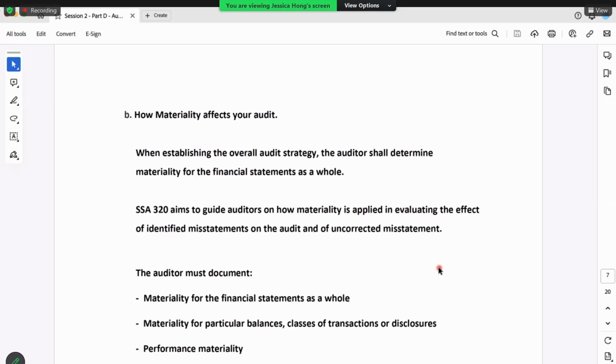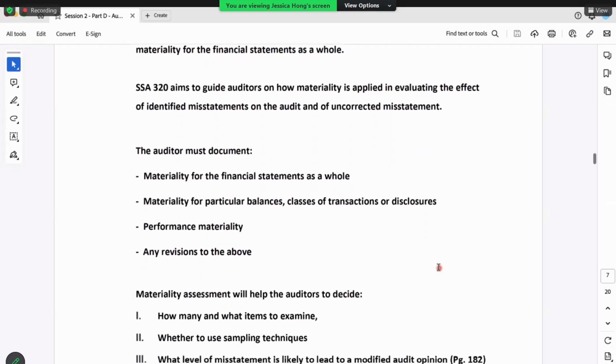And if these uncorrected misstatements are not agreed by the audit client, they will actually have an impact on our audit opinion. So when we talk about materiality, the auditors are expected to set this so that they are able to identify the misstatements during their audit.